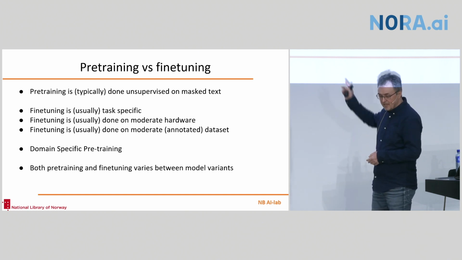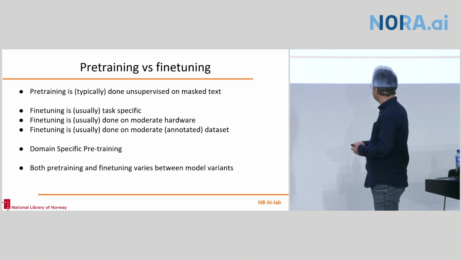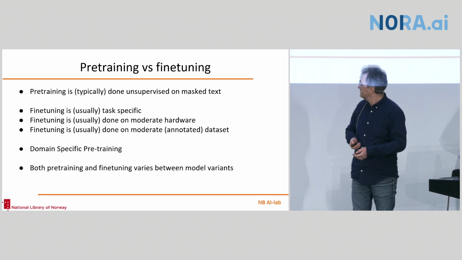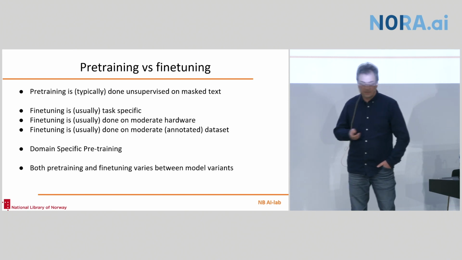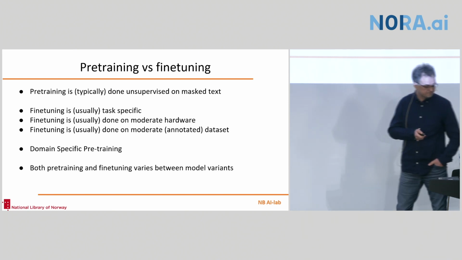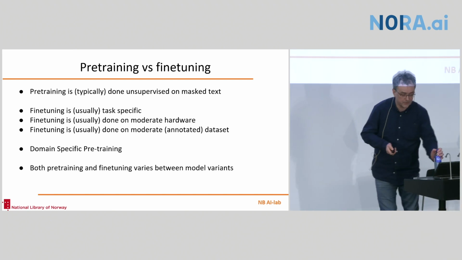Right? So you take those big models and you continue pre-training them. All these processes, pre-training and fine-tuning, really depend on what kind of models you are trying to train.